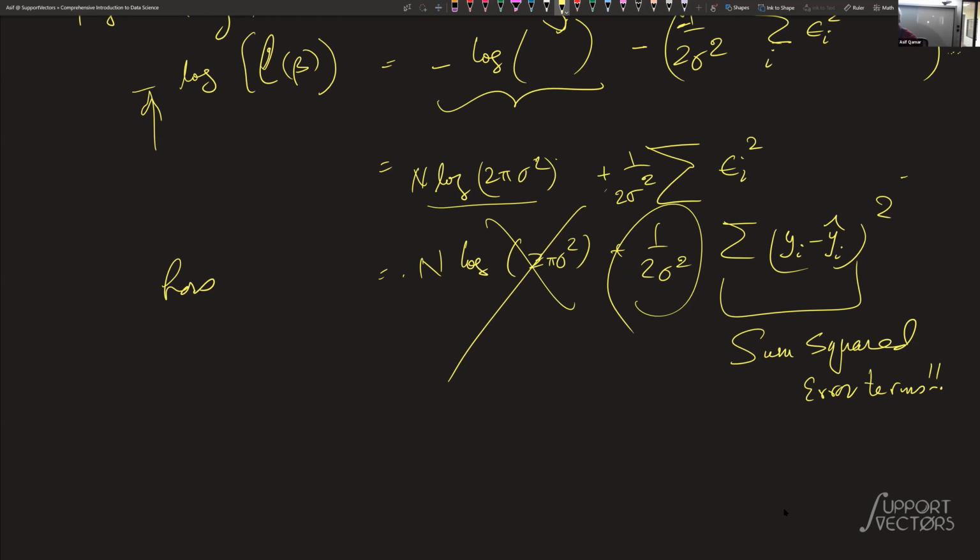We learned about a powerful concept called negative log likelihood. Negative log likelihood is the source of these loss functions, both for regression and classification. For regression, it leads to sum squared error, if you assume a Gaussian error. If you take any other error function, for example, a Laplace error function, you'll see something else. And in the case of classifiers, it naturally leads us to the cross-entropy loss, isn't it?